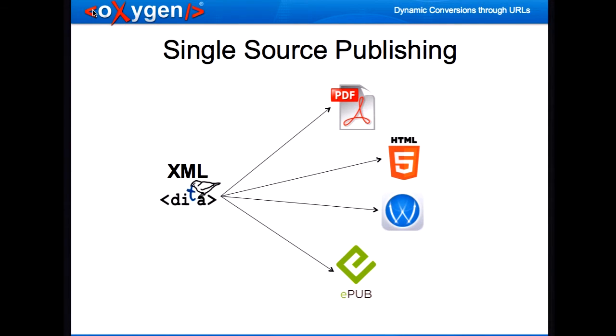For DITA, for instance, we may have XML or DITA or DocBook, different types of XML documents, and with the publishing workflow, we can publish PDF, HTML5, different kinds of web help or EPUBs and so on, right? So different output formats from these basic ingredients.